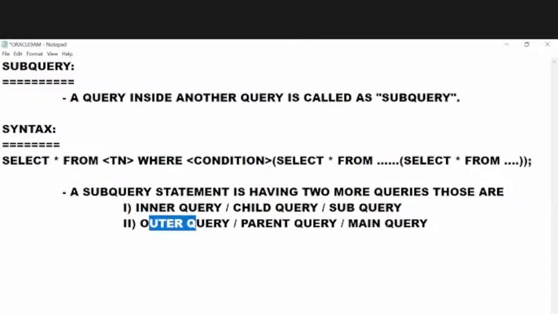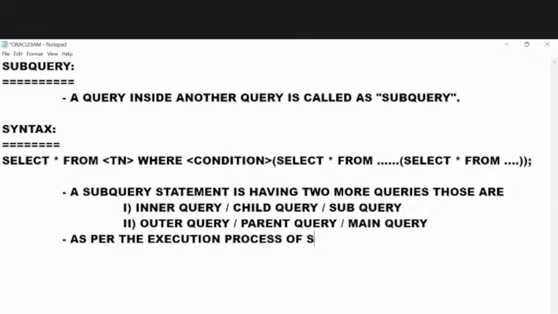As per this confusion, as per the execution process of subquery, it is again classified into two types.